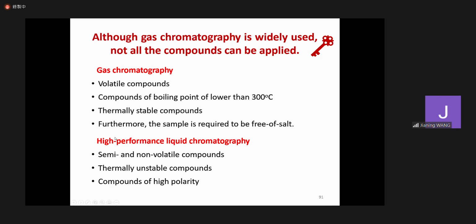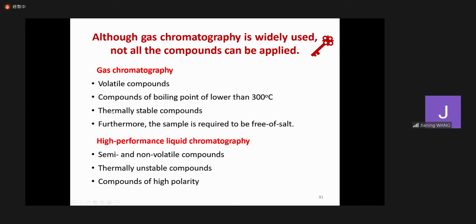LC, in contrast, is suitable for semi-volatile and non-volatile compounds. Because LC usually operates under 70 degrees, it can be used to separate thermally unstable compounds. Dr. Hu will introduce this part.